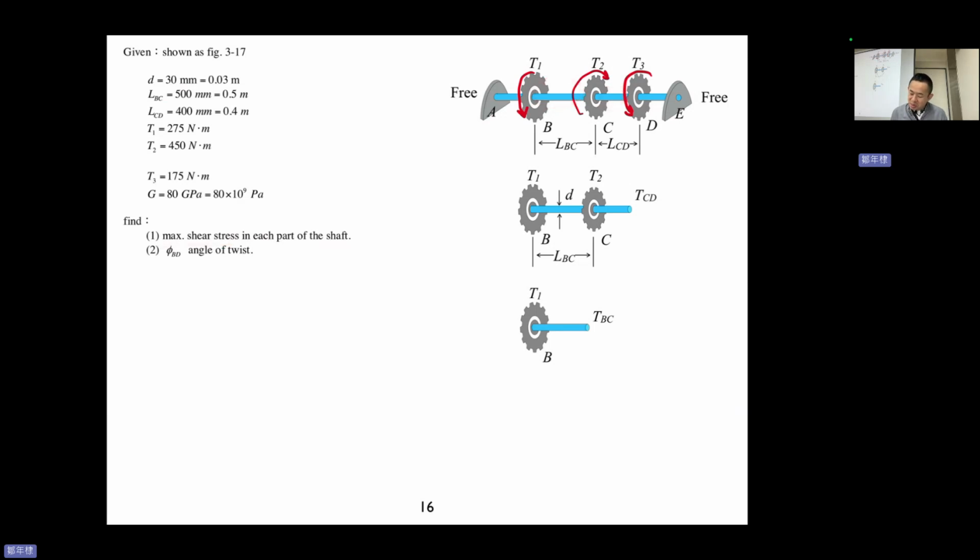And then phi BD, the total phi between point B and point D. So here, what does that maximal mean? It means the surface, right? You are going to determine the maximum shear stress. It must be at the surface, and we only have 2 parts, BC and CD segments.